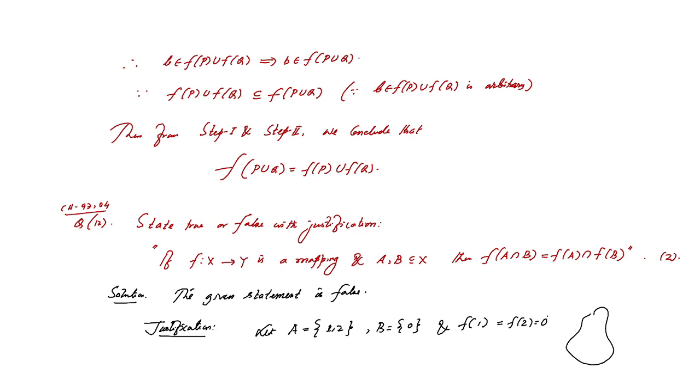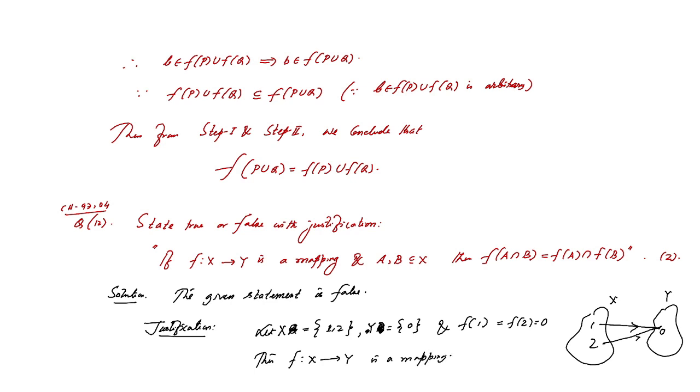So we have considered the map. This is your X, and this set is your Y, with elements 1, 2 and 0. Then obviously f is a mapping from X to Y.